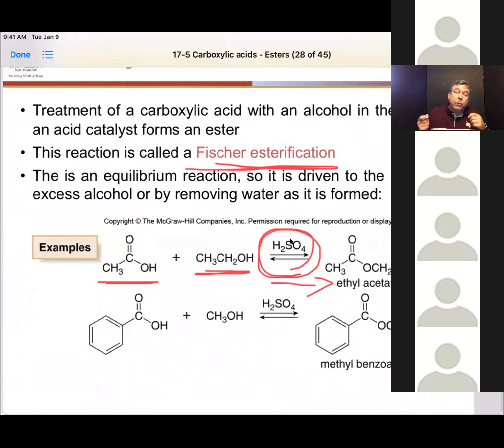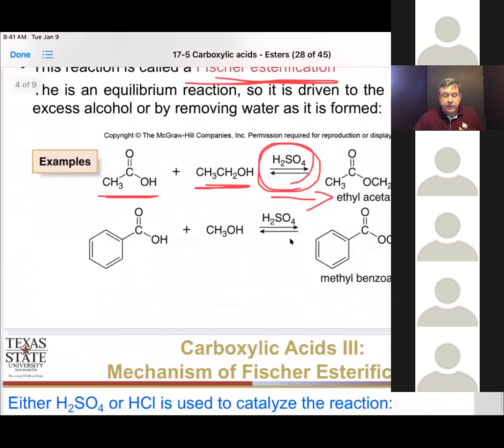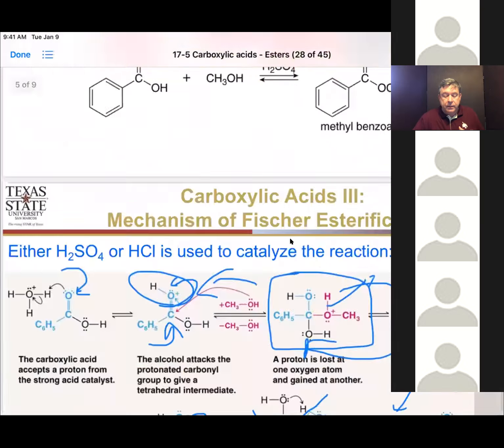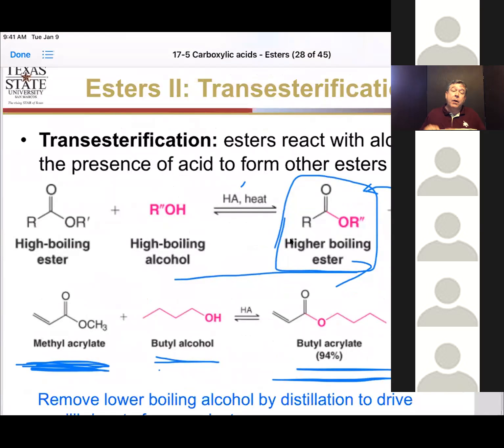However, you can convert one ester from the other using the ester trans-esterification, okay? And that's where you put a whole bunch more of another alcohol in there and hopefully boil off the lower molecular weight one. Once you have your ester, you can also convert it into your amide by displacing your alcohol with an amine, because the amine is the stronger base, and it'll displace that to make your amides.